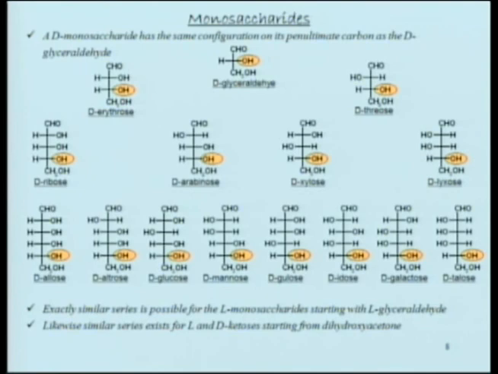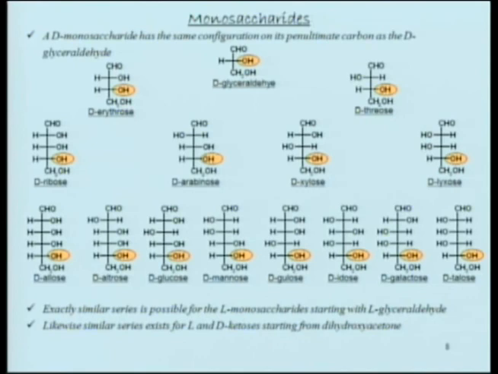So when you add another carbon, that OH can be on the right or on the left. And that is called D-ribose or D-arabinose. When you add another carbon to threose, which is on the right or on the left, you would get D-xylose or D-lyxose. And likewise, in the end, if you keep extending, add a carbon in between position 2 and position 1, to ribose, you would get these two.